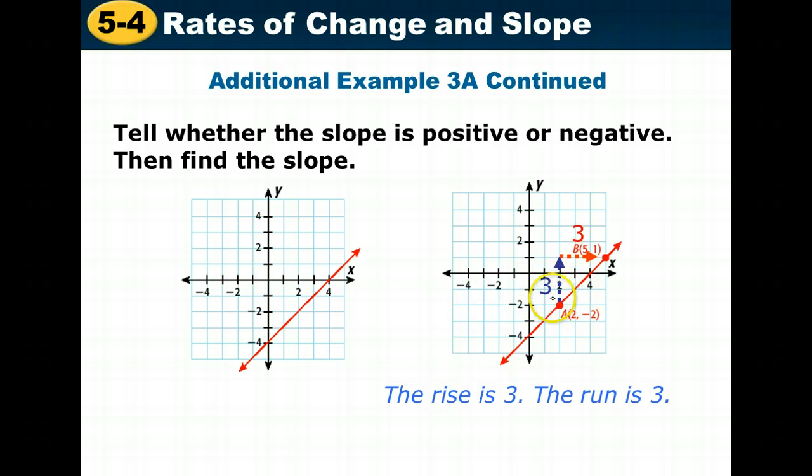All right, and then here we can take a look at the rise. We need to go 1, 2, 3 and then 1, 2, 3. So we are moving in a positive direction. We go up, that's positive, and we go to the right, that's positive. So of course the slope is positive. So the slope here will be 1.